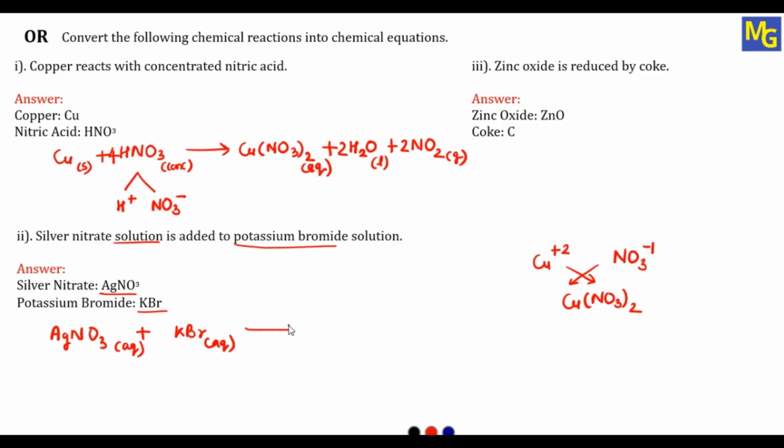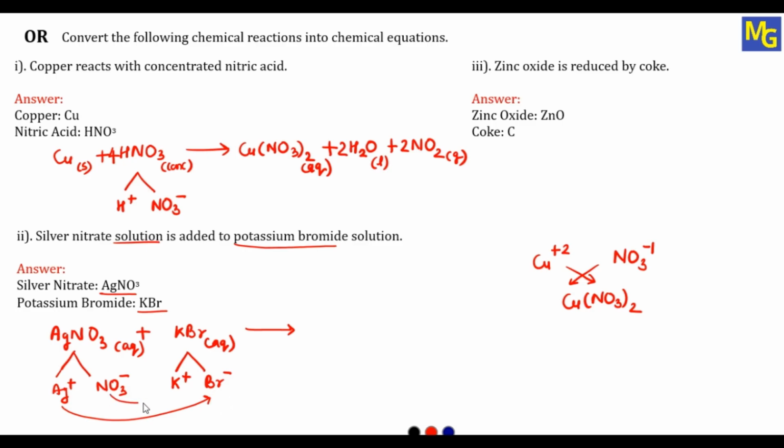And when these combine, what are you going to get? So see here, this silver nitrate, if I split, I am going to get cation Ag plus and anion NO3 minus. Same way, if I split this KBr, I am going to get cation K plus and anion Br minus. Here it is important to remember these oxidation states or valencies. So Ag plus, a positive ion, combines with the negative ion of the other, that is Br minus.